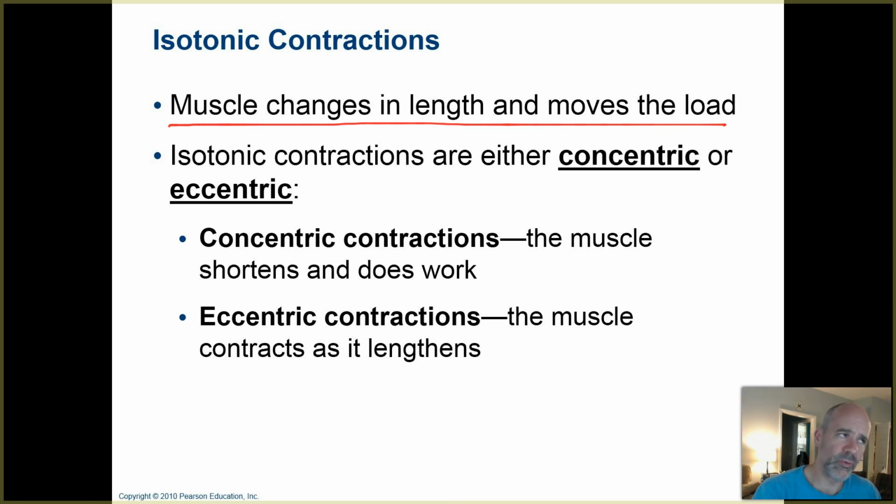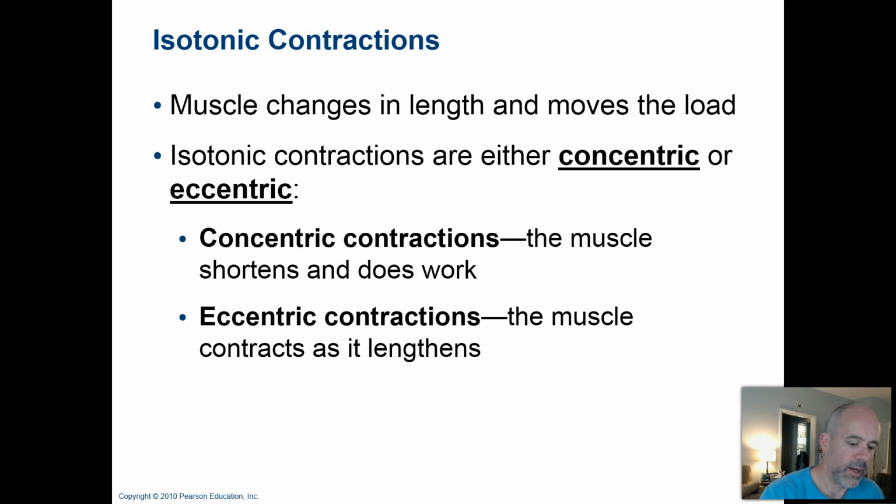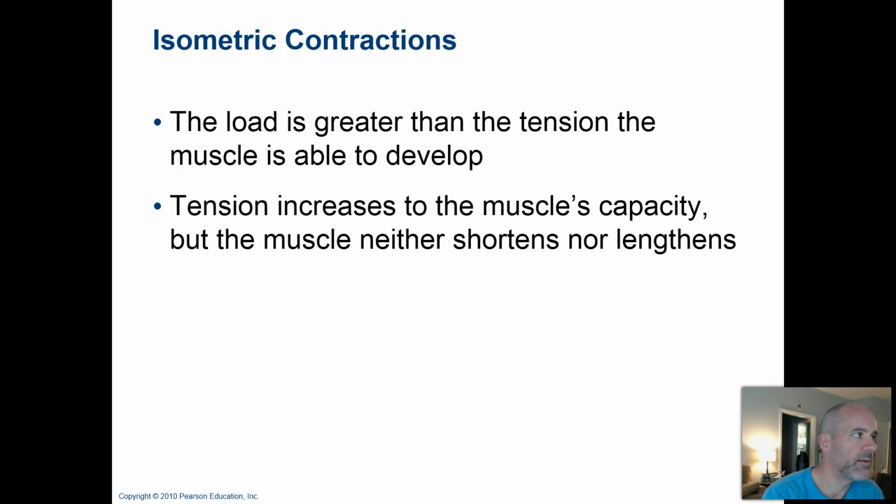So I think what we're going to do is we're not going to worry too much about isotonic contractions, since that phrase seems to be confused from different sources. But let's do know these two, concentric versus eccentric. And then I also want you to know isometric as well. So focus in on those three, isometric versus concentric and versus eccentric. And let's just take a look at the diagram on the next slide.